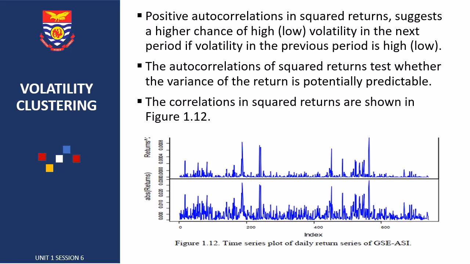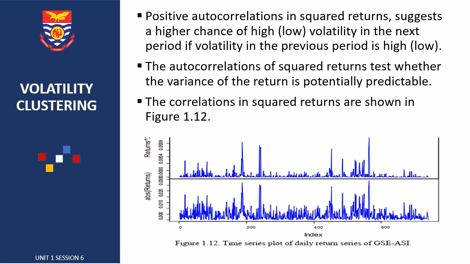The autocorrelations of squared returns test whether the variance of the returns is potentially predictable. That's whether the market is efficient or not. Because if we can predict the return series, then we are saying that the market is not efficient. But if we cannot, then the market is truly efficient.